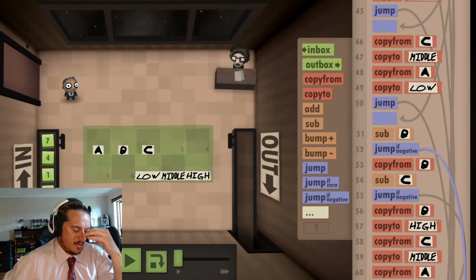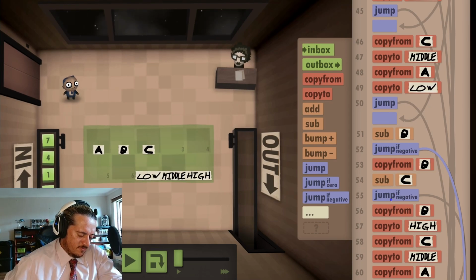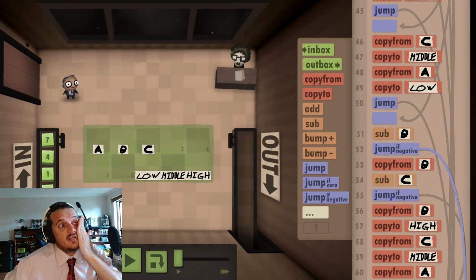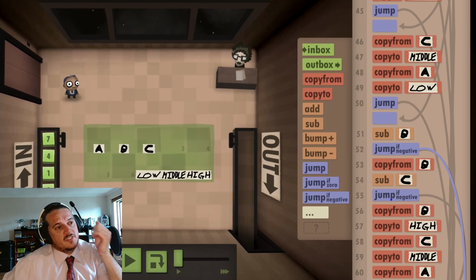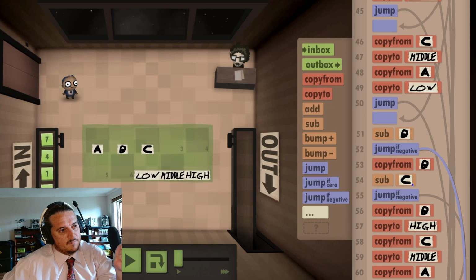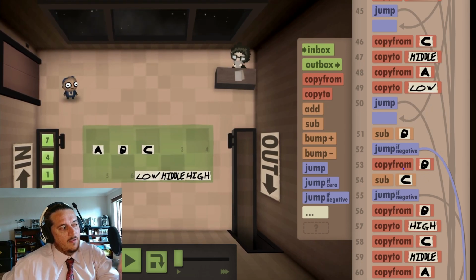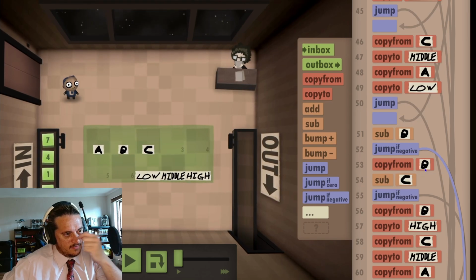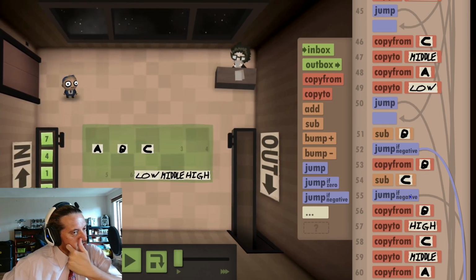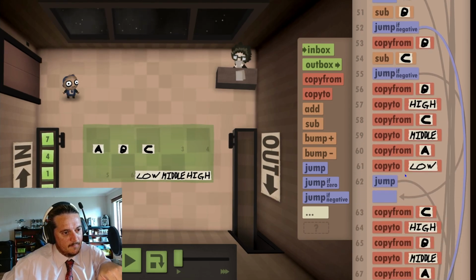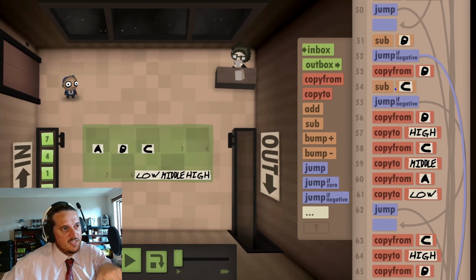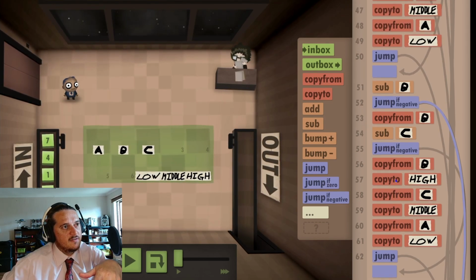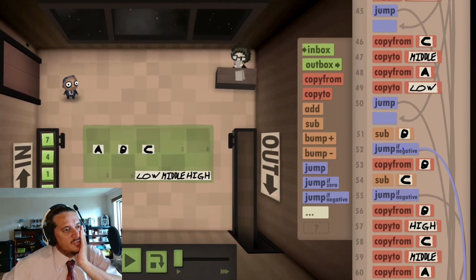If A is a negative and we minus B from it, we should get a positive. So two negatives make a positive, right? So if it stays a negative, it means that B is positive, so B is higher. So then I need to check if C is positive or negative. So if C is a negative, then C is higher, then it's CBA. But if C is a positive, then it's BCA.